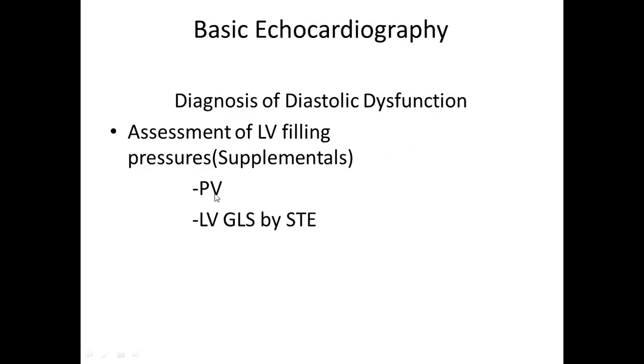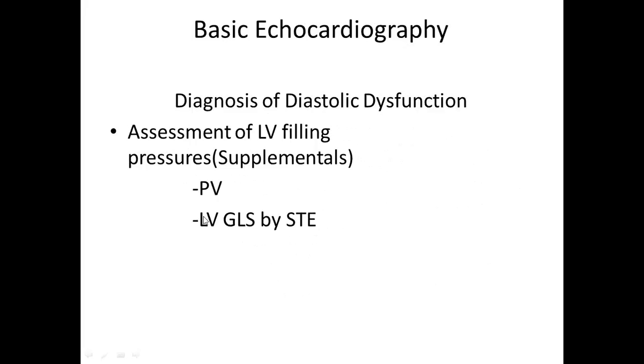pulmonary vein flow. Remember, we showed that the worse the diastolic dysfunction, the greater the left atrial pressure, the smaller the systolic component compared to the diastolic component of the pulmonary vein flow. So you can use this too.